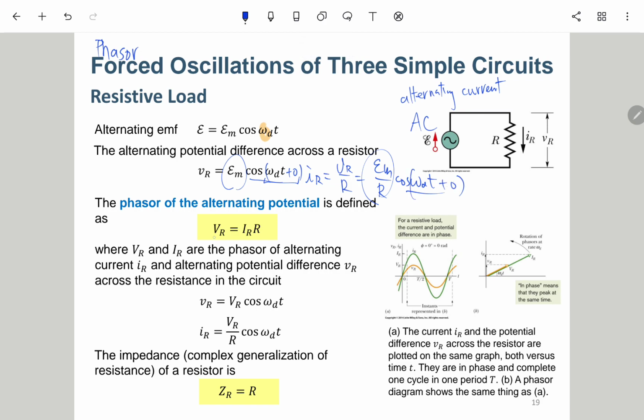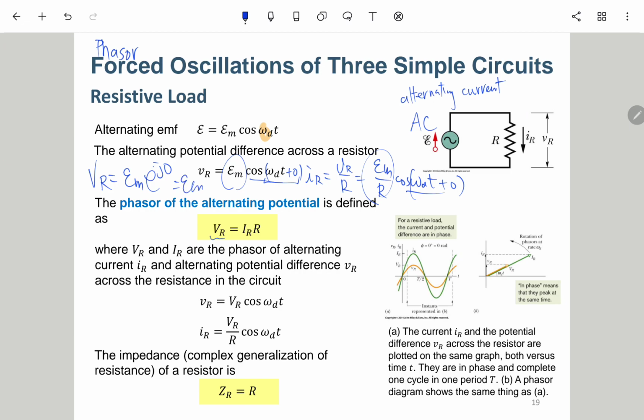So we try to define this VR is generally a complex number. The phasor VR is generally a complex number, but in a resistor it is just a real number. The complex plane also has a real axis, so it is still a real number. So VR equals EM times exponential j0. And exponential to 0 is actually 1, so it is nothing but VR equals EM.